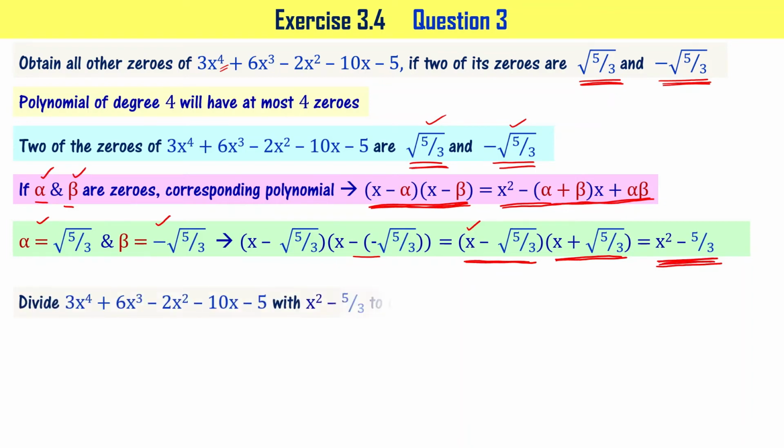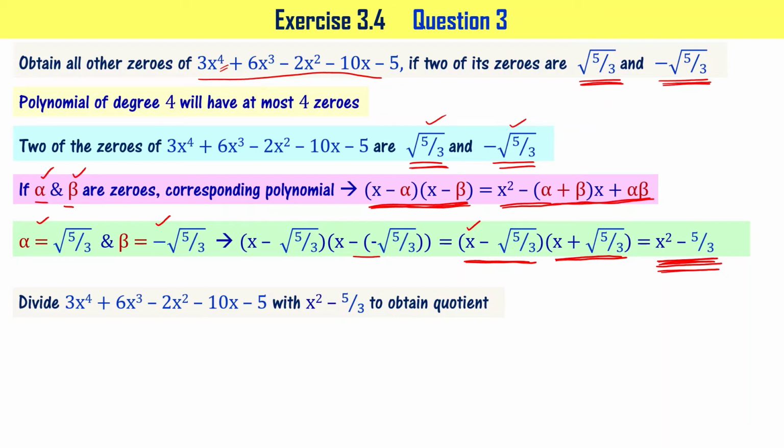Now, what it says is, we have a polynomial which is of fourth degree, right? And now, based on the given zeros, we have obtained a quadratic polynomial, that is x square minus 5 by 3, right?